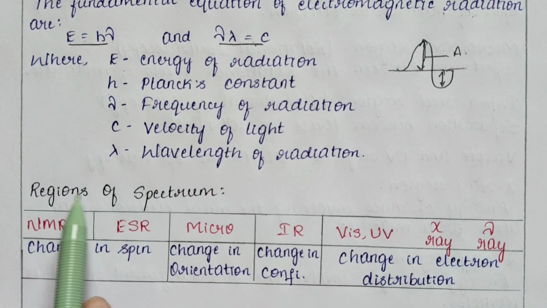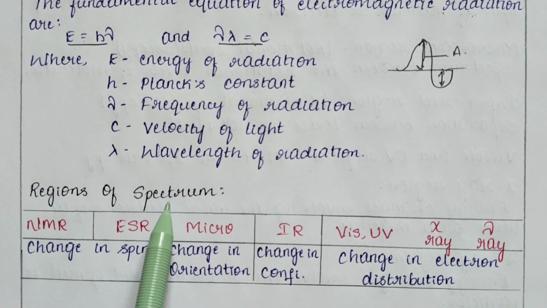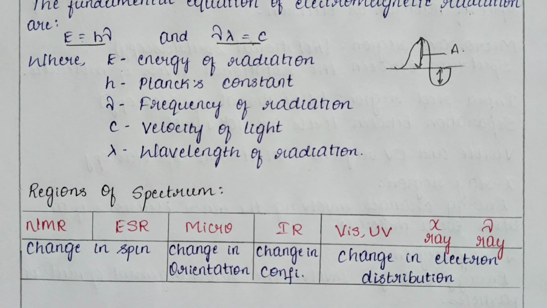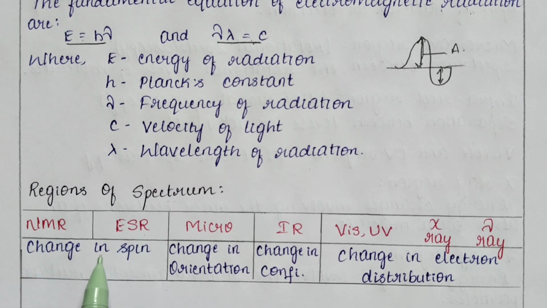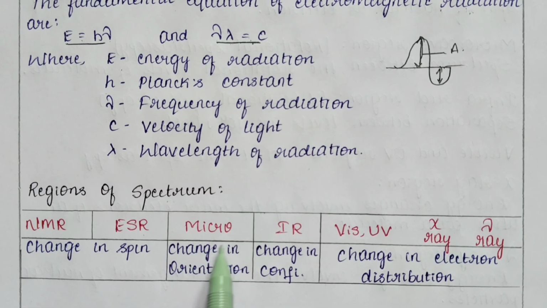Now let us see the regions of the spectrum. Spectrum, also known as spectroscopy, has mainly 8 types of spectrum or radiations, which are very important. Using all these different types of spectrum, we can study different characteristics of different molecules. From NMR and ESR, we can study the change in spin of an electron within an atom, and from microwave we can study the change in orientation.